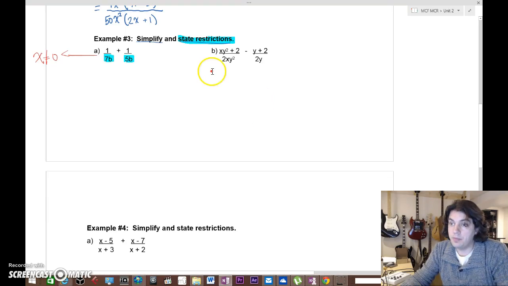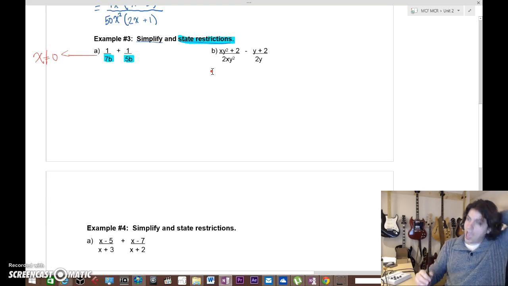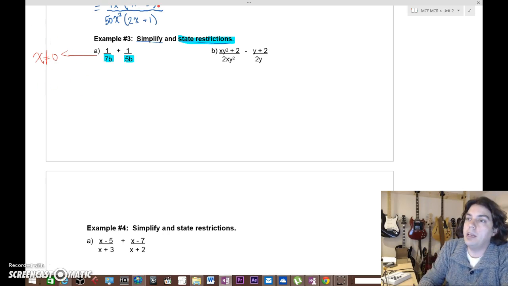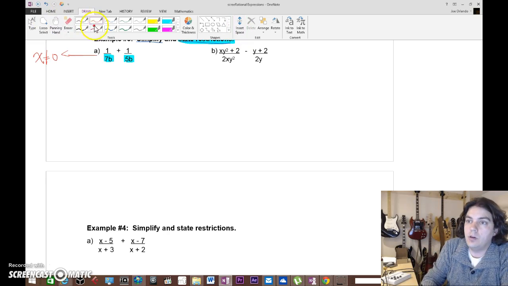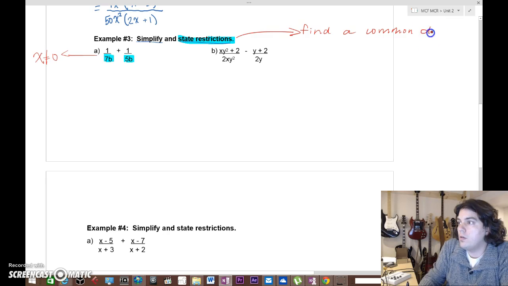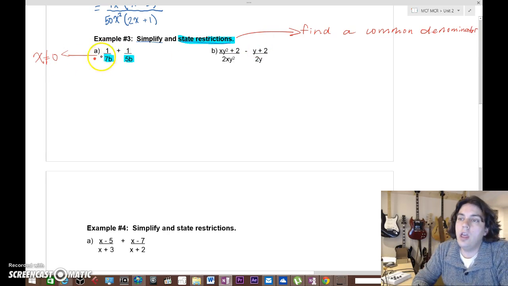Quite similar. Now, to add fractions, we must find a common denominator. So we will make a note of that here quickly. We're going to find a common denominator. With that in mind, the first example is pretty simple.